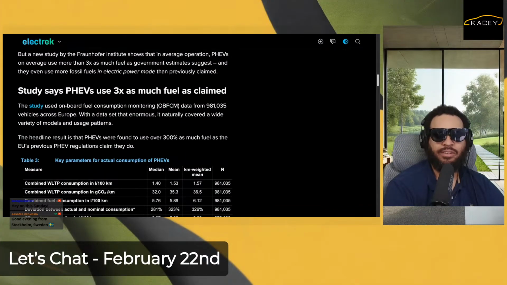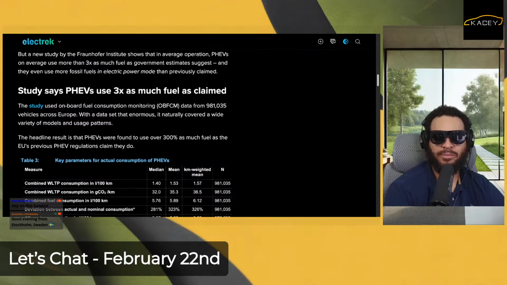A new study by Fraunhofer Institute shows that on average, PHEVs use 3 times as much fuel as the government estimates suggest, and they even use more fossil fuels in electric power mode than previously claimed. Really? Oh, you know why? Because in electric power mode, they're probably not as efficient as claimed either.